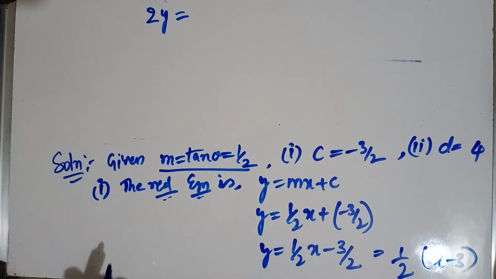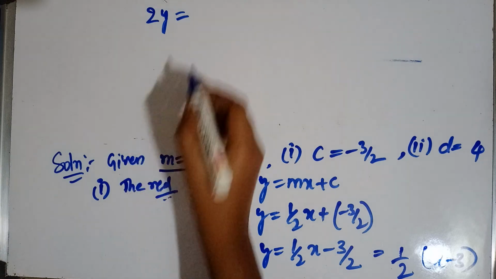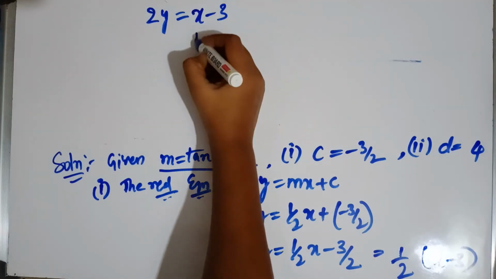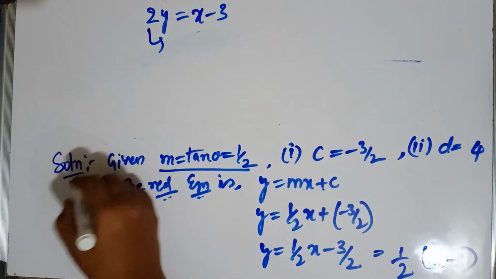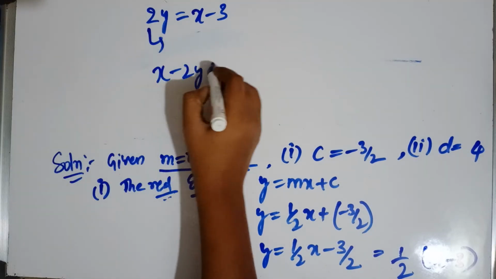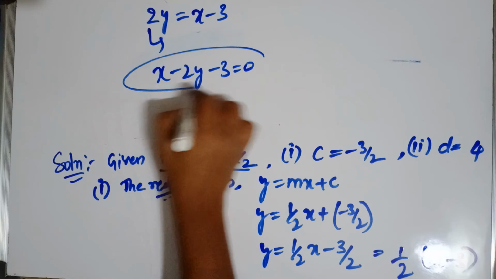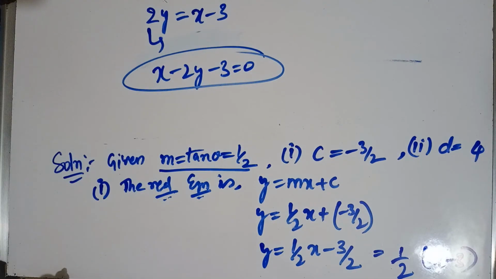If you cross multiply, this becomes 2y is equal to x minus 3. Better you take this term to the RHS. So x minus 2y minus 3 equal to 0. This will be the equation of straight line in slope intercept form where the y-intercept is given.